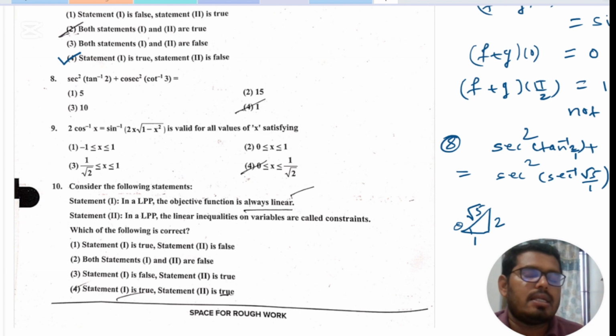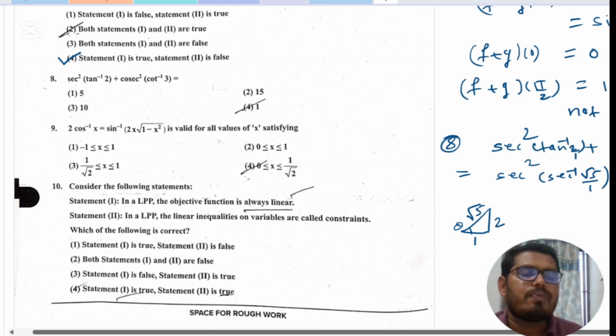Therefore adjacent is 3, opposite is 1, and hypotenuse is 3 square which is 9 plus 1 square which is 1. Therefore root 10. Then we transfer cot inverse to cosec inverse. Cosec inverse is defined as the hypotenuse, root 10, divided by opposite, 1.